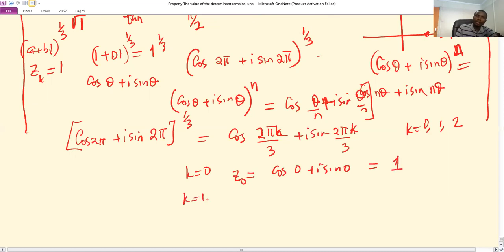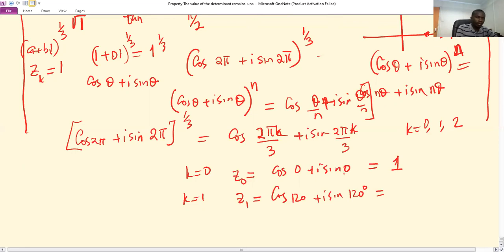When k is 1, so z1 would be, 360 divided by 3 is 120. So cos of 120 plus i sine 120.